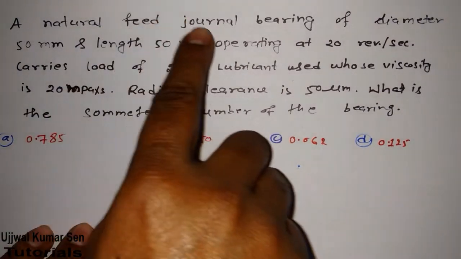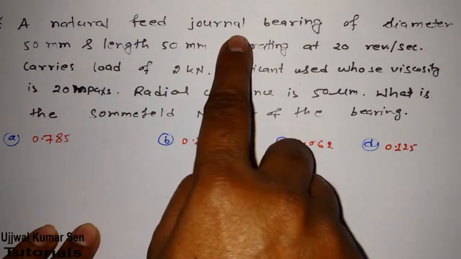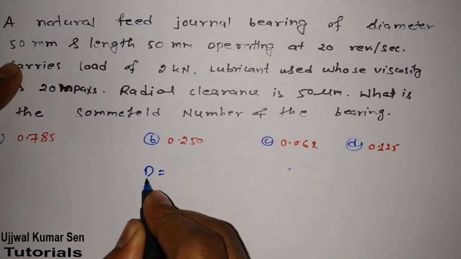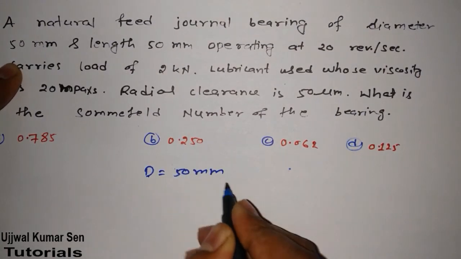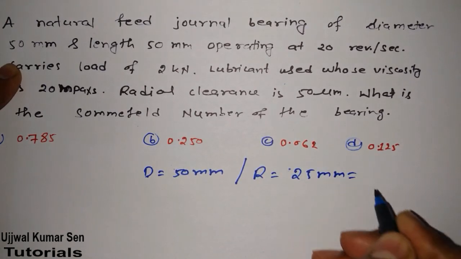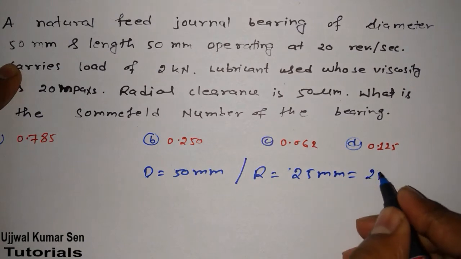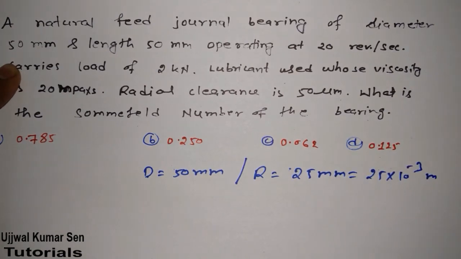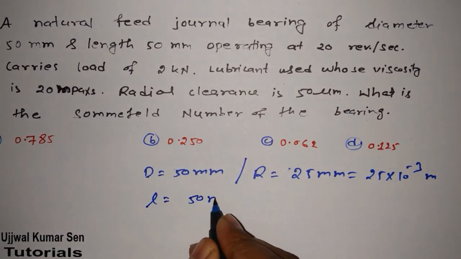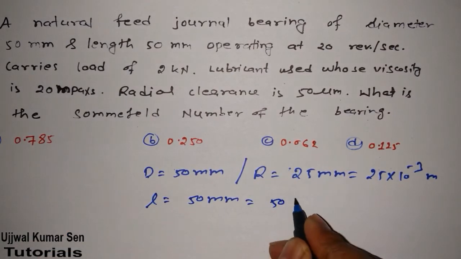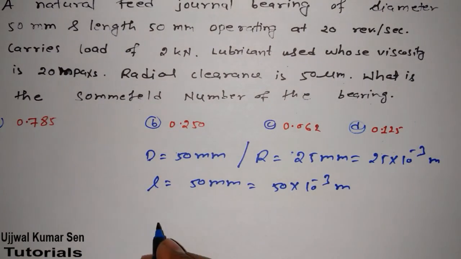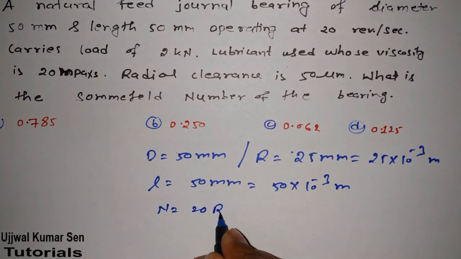Basically, the journal diameter of the bearing is this. Let's write first. Diameter is equal to 50 mm, so the radius would be 25 mm. Converting into SI unit, 25 times 10 to the power minus 3 meter. Length L is equal to 50 millimeter, that means 50 times 10 to the power minus 3 meter. Operating at this speed, N is equal to 20 RPS.